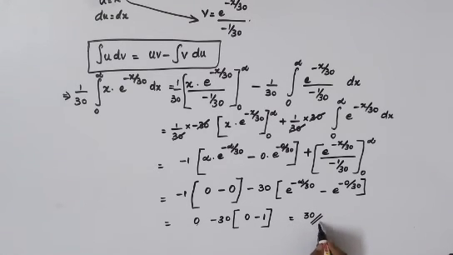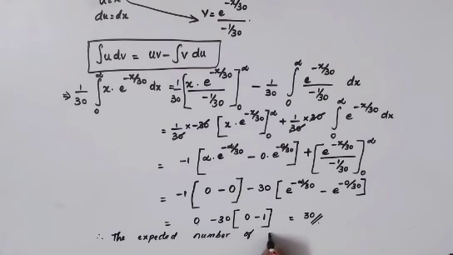So your answer is 30. Therefore, the expected number of miles is 30. They have given the question in thousands, so you put your answer in thousands, that is 30,000. So this is the answer for your 13th question.